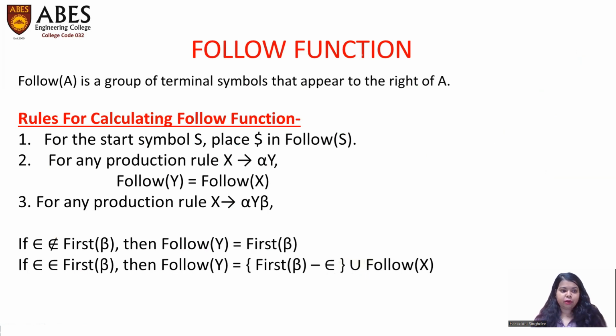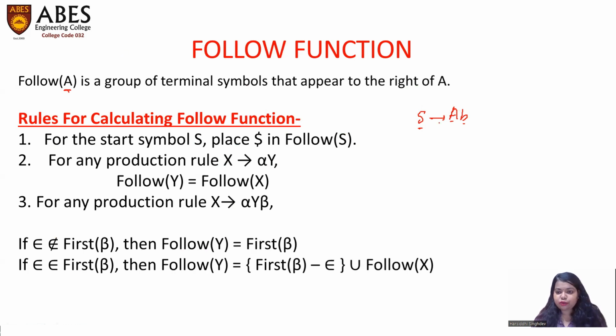See how to calculate the follow function here. If we have to find the follow of A, for example, there is a production S tends to A and b. Here S is the starting symbol, A is a non-terminal and b is a terminal. A terminal symbol is not going to change in the whole grammar.